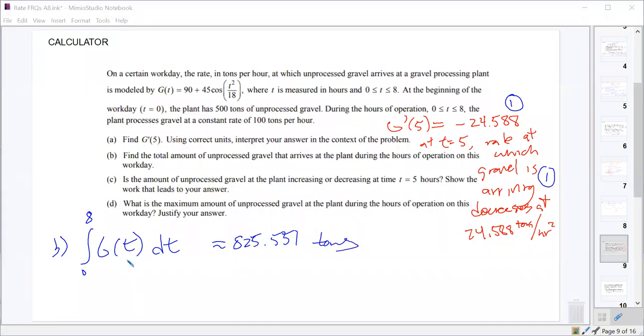And that was a 2-point problem, 1 and 1. Good or no? Hopefully good.